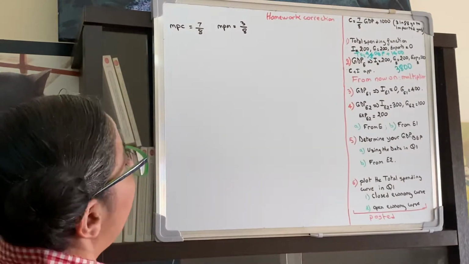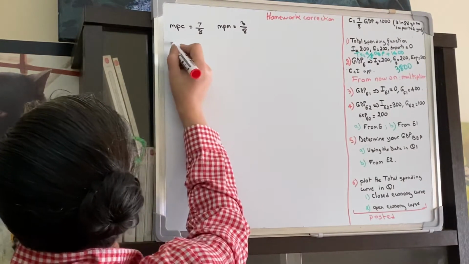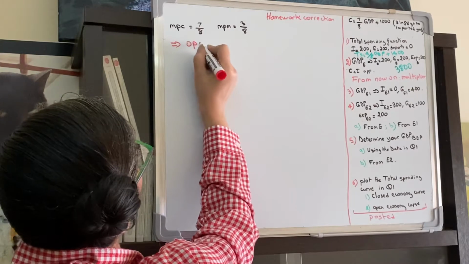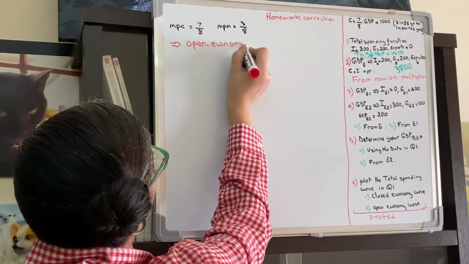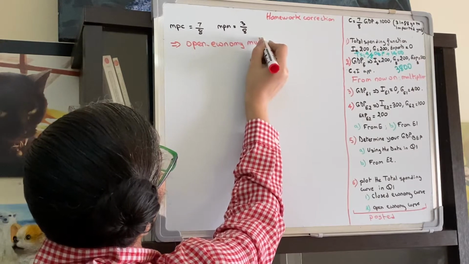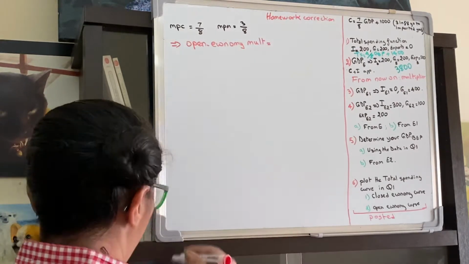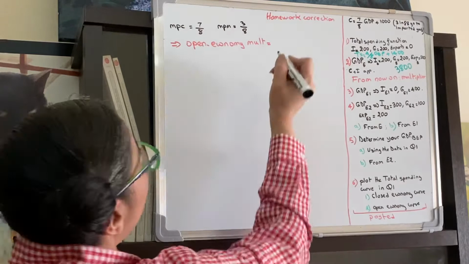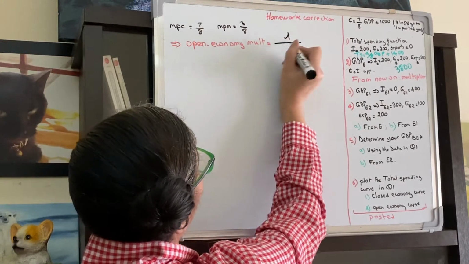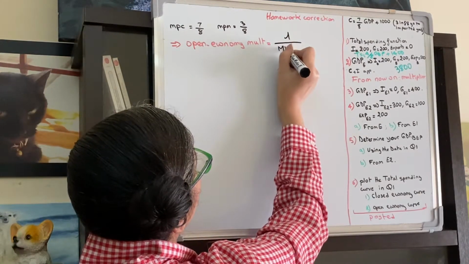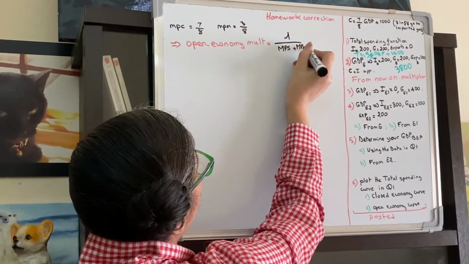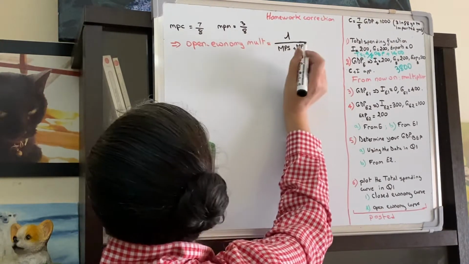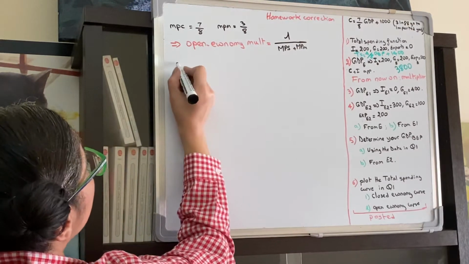So the open economy multiplier is equal to 1 over MPS plus MPM. So first thing I have to do is calculate MPS.